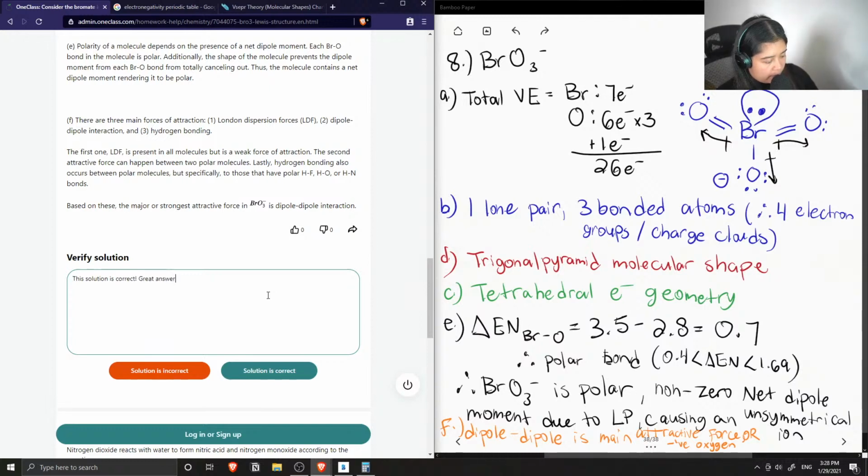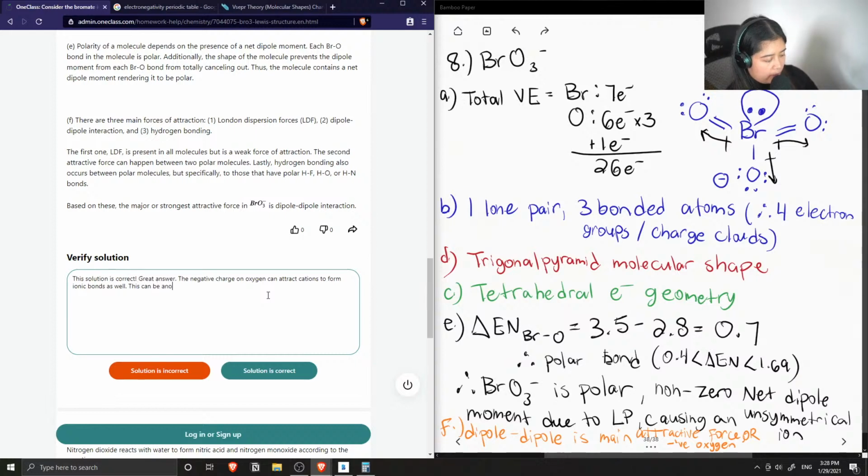Great answer. And for the last part, I'm just going to add that the negative charge on oxygen can attract cations to form ionic bonds as well.